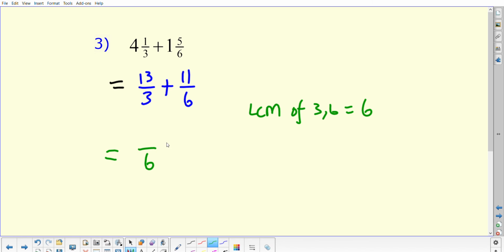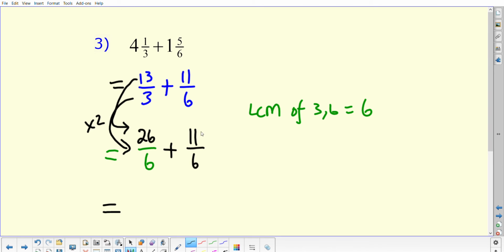And that means that first fraction, if you change the 3 into 6, you have multiplied by 2, so you need to do the same to the 13, so it becomes 26 over 6. The other one doesn't need to change at all, it was already over 6. And at that point, once your denominators are the same, you just add the top.